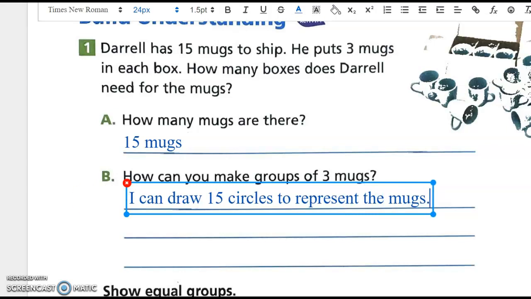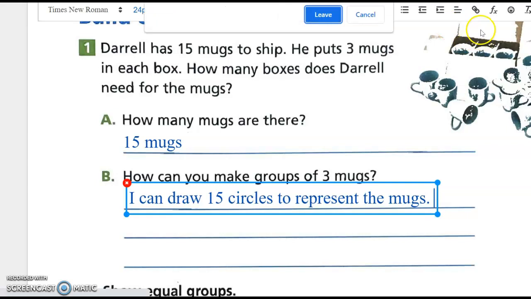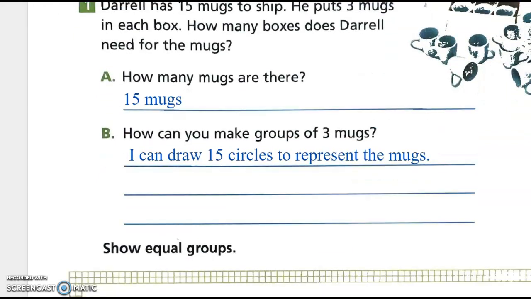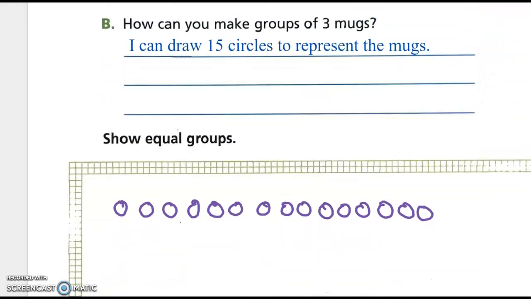If you're at home, please turn off your video. Okay, looking at our picture and thinking about what we're going to draw. Looking at your picture, if he puts 3 mugs in each box, what are we going to do to represent 3 mugs in each box?